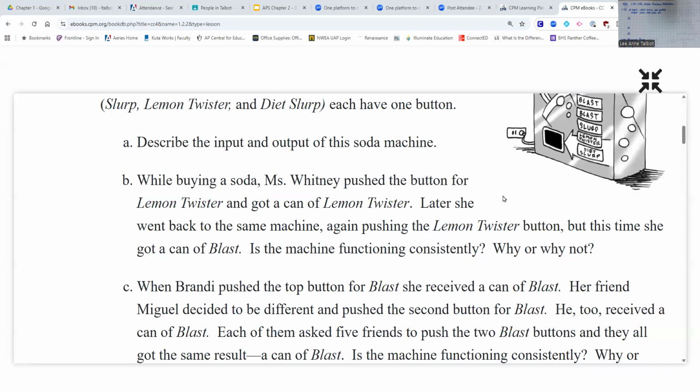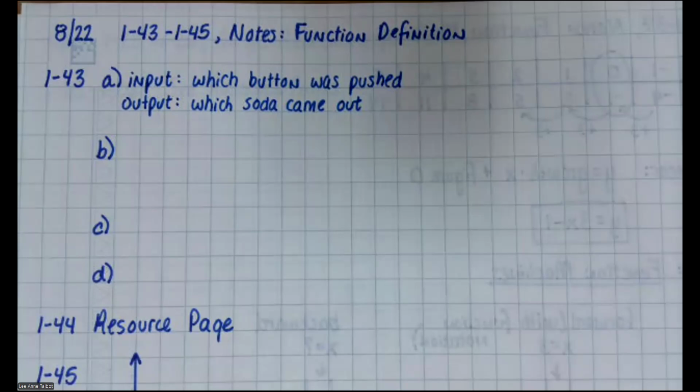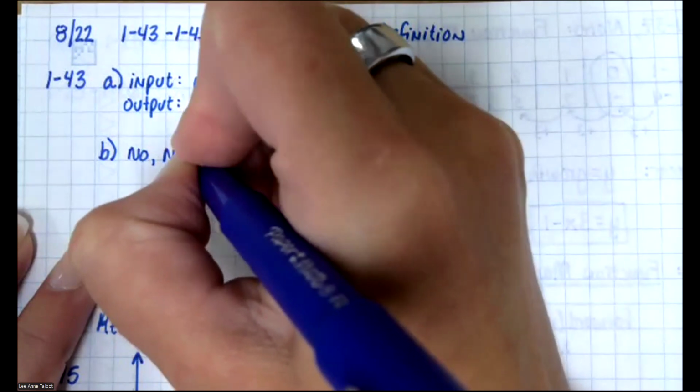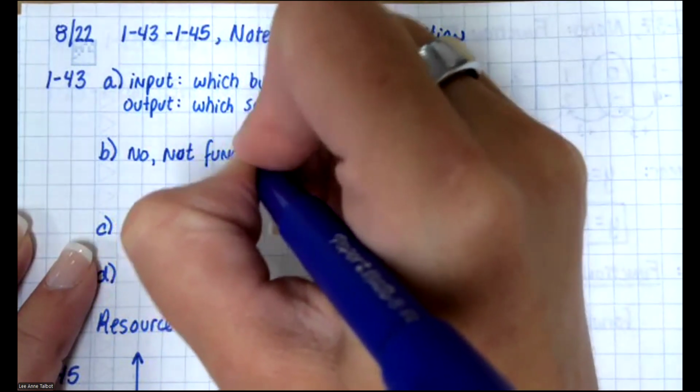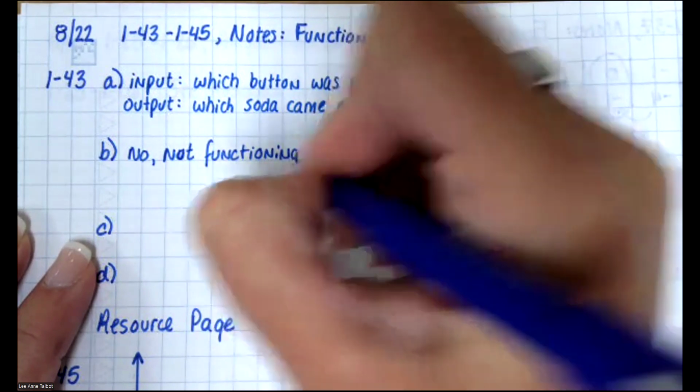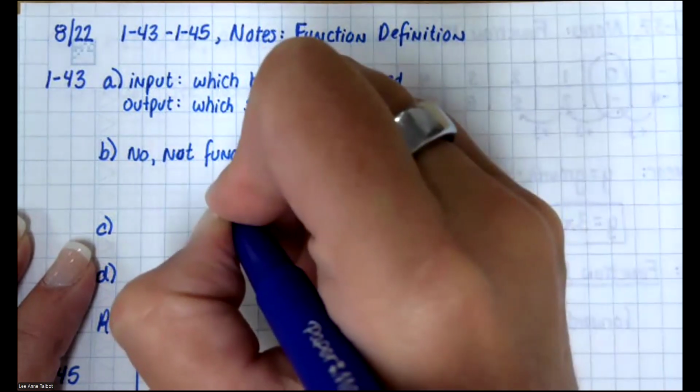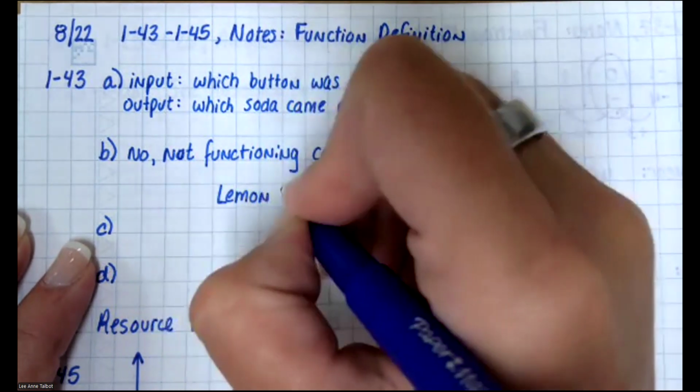While buying a soda, Miss Whitney pushed the button for lemon twister and got a can of lemon twister. Later, she went back to the same machine, again pushing the lemon twister button, but this time she got a can of Blast. Is the machine functioning consistently? No. Okay, so what we're going to do is we're going to draw a little picture of the lemon twister button.